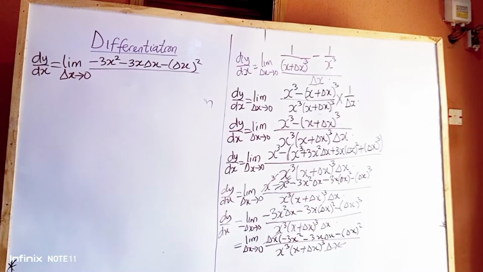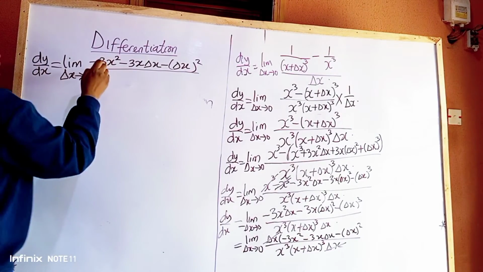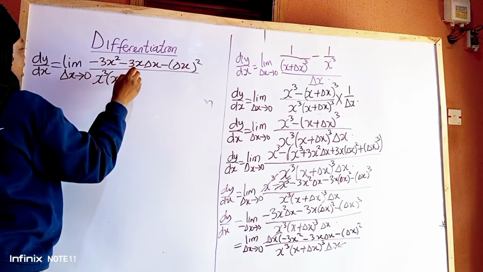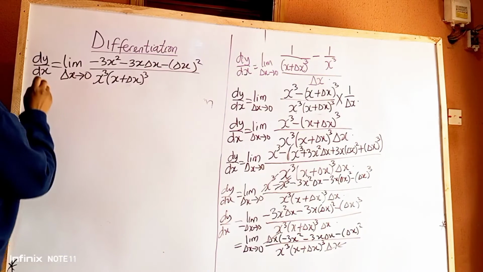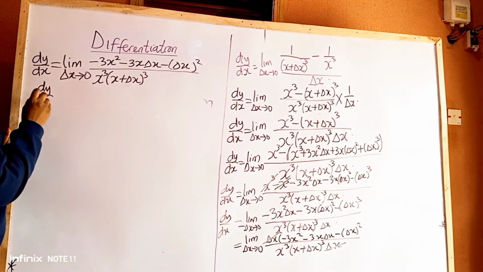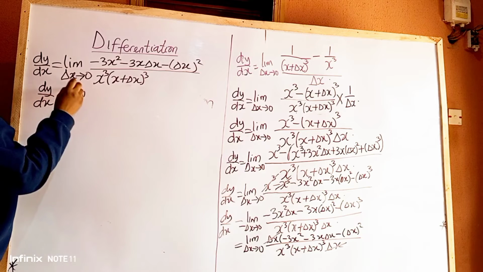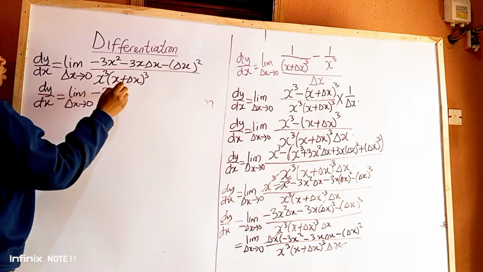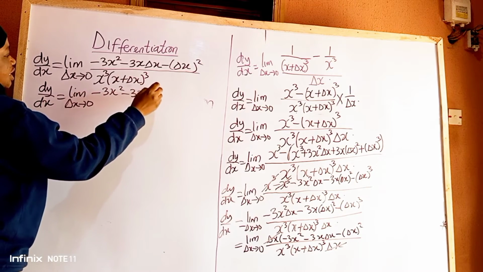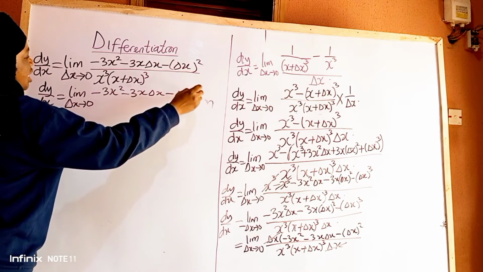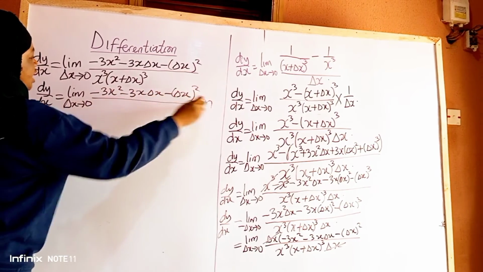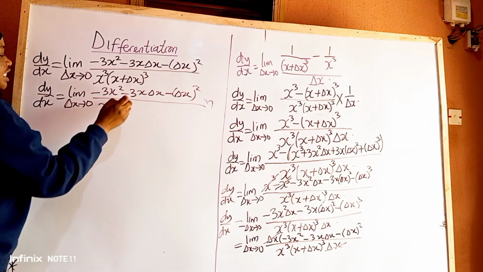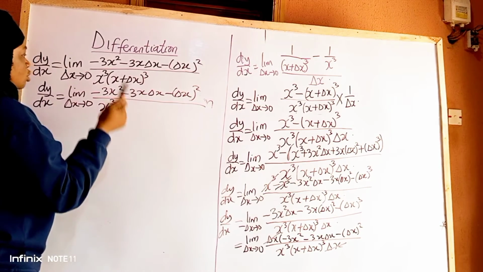Everything over x cubed, so into bracket x plus change in x cubed. So dy/dx is equal to the limit as change in x tends to 0 of minus 3x squared minus 3x change in x, then minus change in x squared. So let's expand the denominator. If you like, you can leave it, but let's expand it since I'm teaching you how to do it.